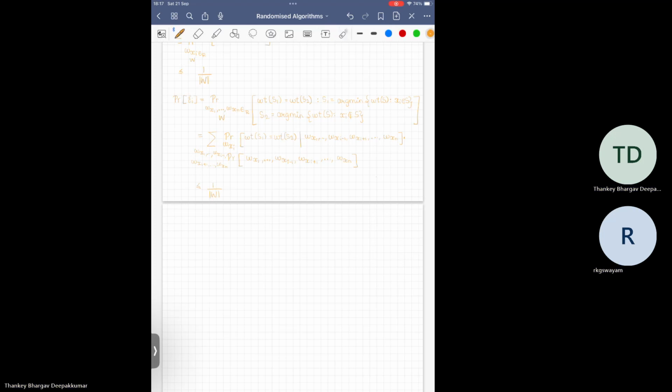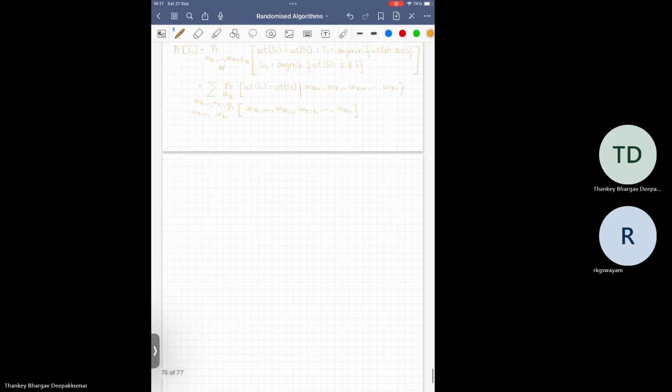Let me write it out. The first thing is at most 1 over size of W. The second thing remains as it is.